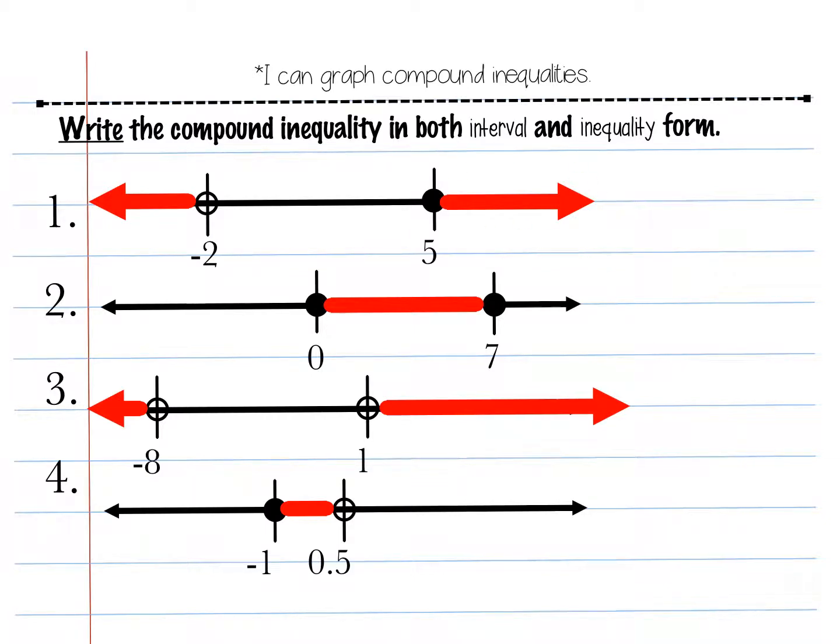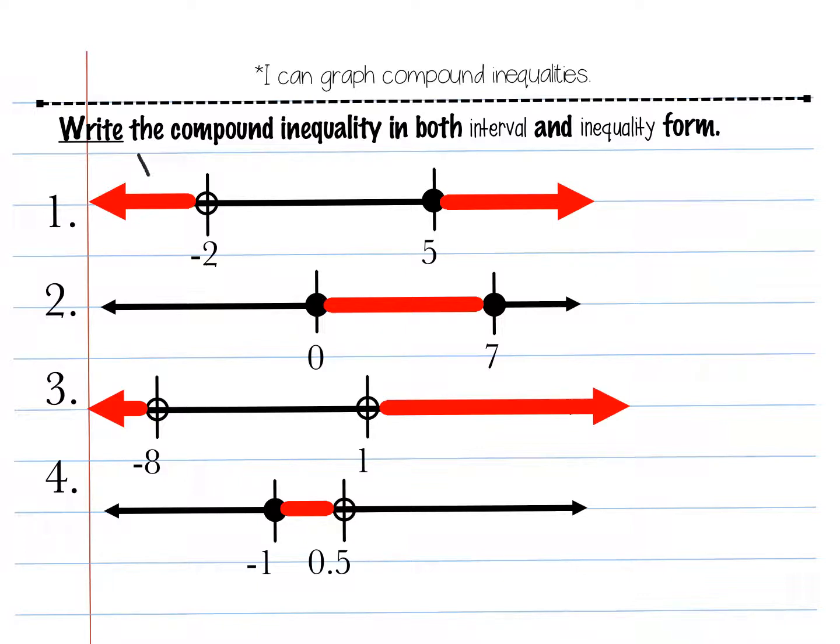I hope you picked up on that important word. Solutions have to make one of them true, but there's no number that could be less than -2 and greater than 5. So that can't be an and situation. This is an or. So we're going to write the compound inequality for this given scenario.